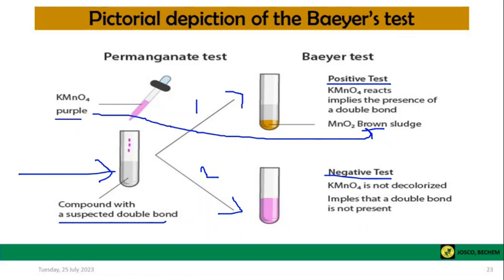The second outcome is a negative test, meaning no color change, which also means that there isn't any presence of a double bond containing compound in your sample. I hope you get the concept very well.